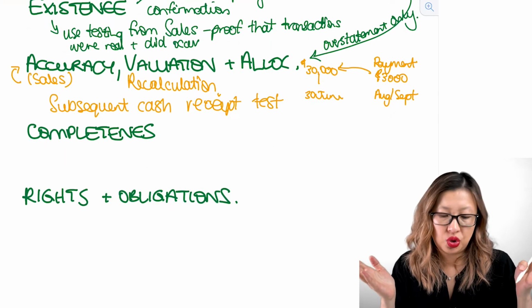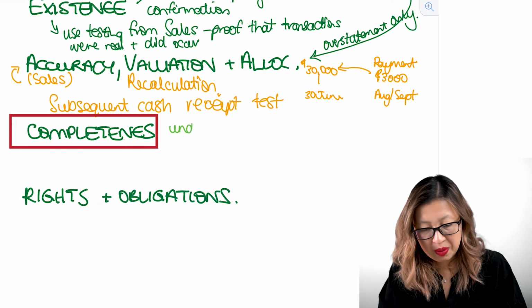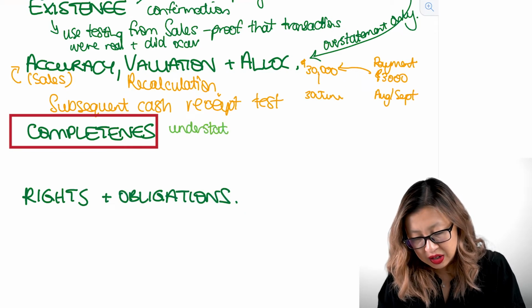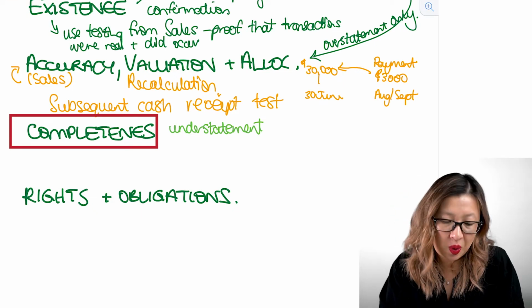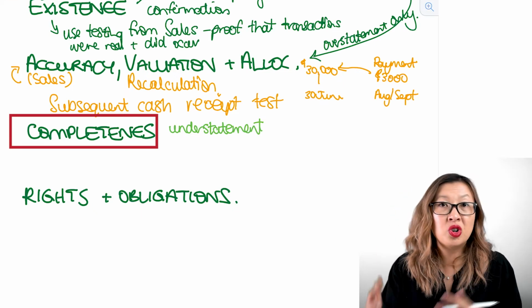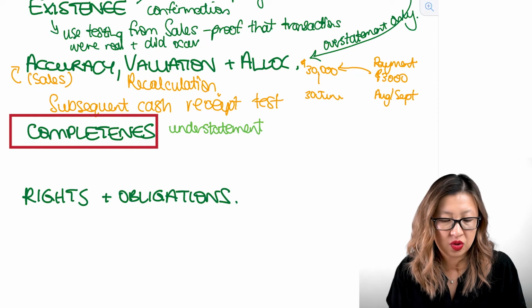Next, we move on to the completeness assertion. And remember, completeness is about understatement. And this is less likely because companies are less likely to understate or not record some of their accounts receivable.